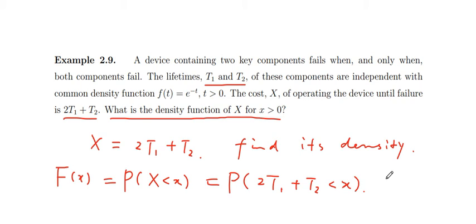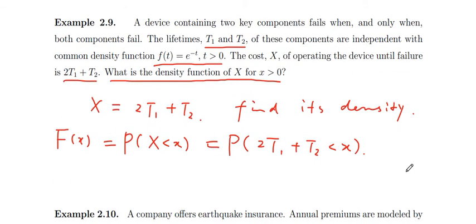Okay, so now let's check this. What is the distribution for T1, T2? Oh, so T1, T2 have a density function. So actually it is the exponential distribution, right? Okay, so by now the problem is easy.